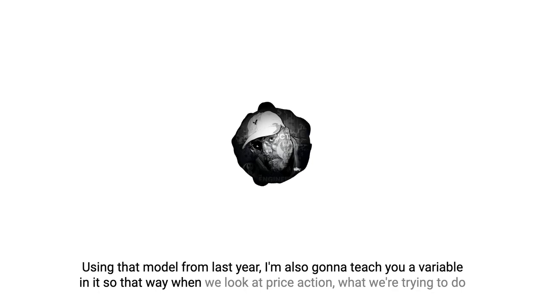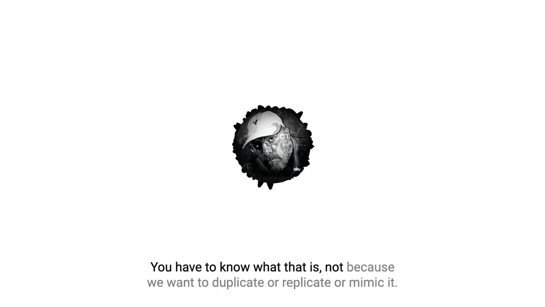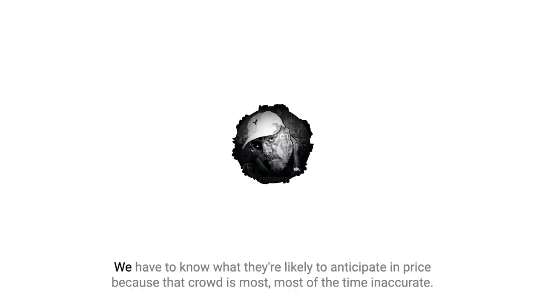So when we look at price action, what we're trying to do is ascertain what the retail crowd is likely to be expecting. You have to know what that is, not because we want to duplicate or mimic it. We have to know what they're likely to anticipate in price, because that crowd is most of the time inaccurate.